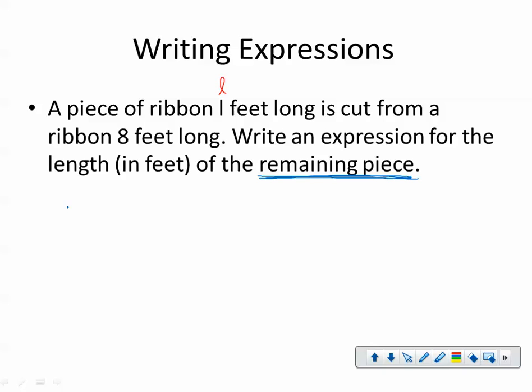Here's my ribbon. It's got to be crinkled at the edge because we tore it off something. By the way, this is why I'm a math teacher and not an art teacher. This is my piece of ribbon right here.